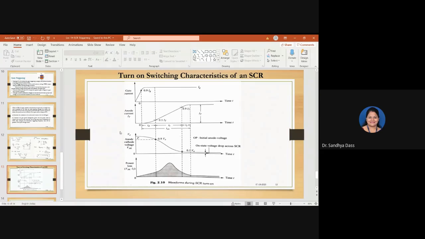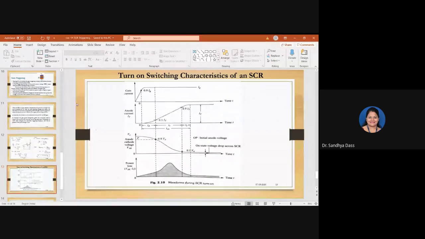All right. Now you have to recall again here, the device is in turn off condition and I'm turning it on. When it is in turn off condition, the voltage across it will be maximum, and the current flowing through it will be minimum or zero in ideal case.